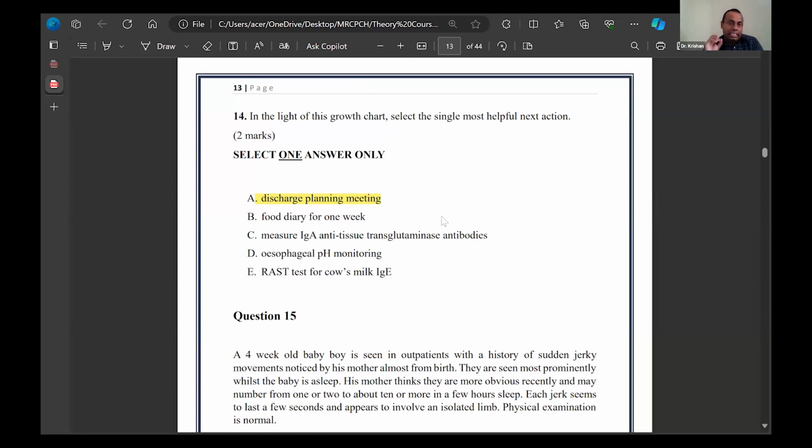So that part is tested. There are particular guidelines as to how to manage children with malnutrition. There is a particular section where you think malnutrition is probably due to poor social support or possible neglect. There, it clearly mentions a discharge planning meeting is needed. So this question tests whether we knew that piece of knowledge.